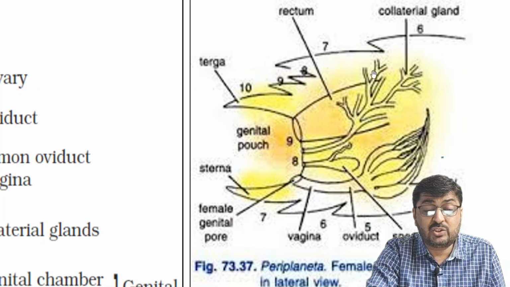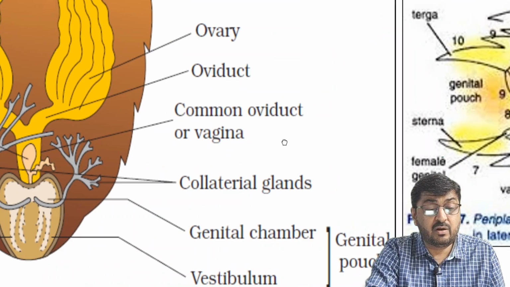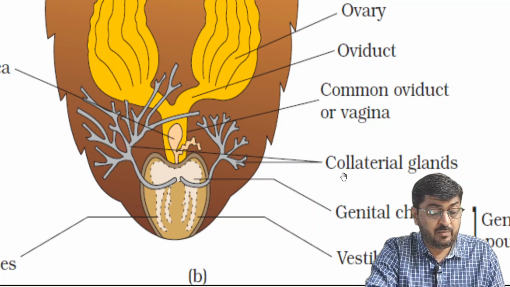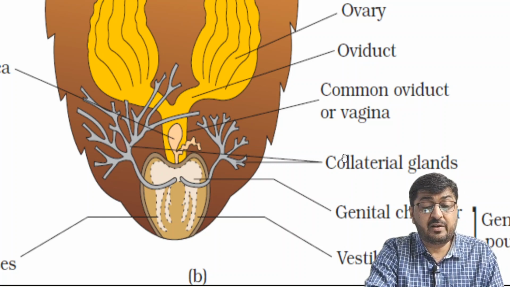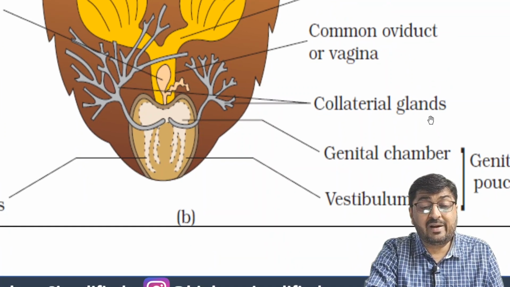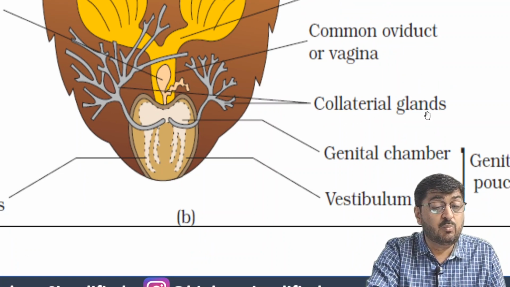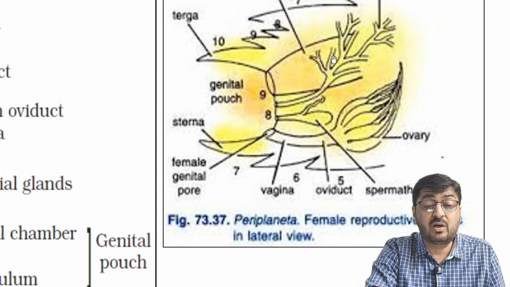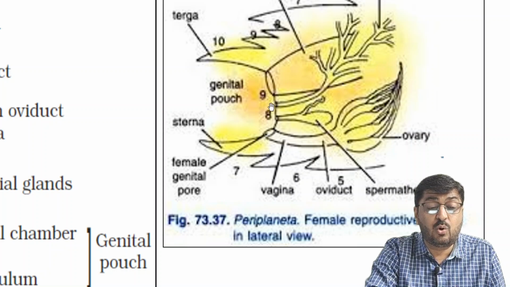Can I see this tree branching like structure, which I would like to show in this diagram also? Can you see this branched structure here? Which gland is written here? It is the collateral gland. So this structure here is the collateral gland. Do you see the collateral gland also opening into the genital pouch?